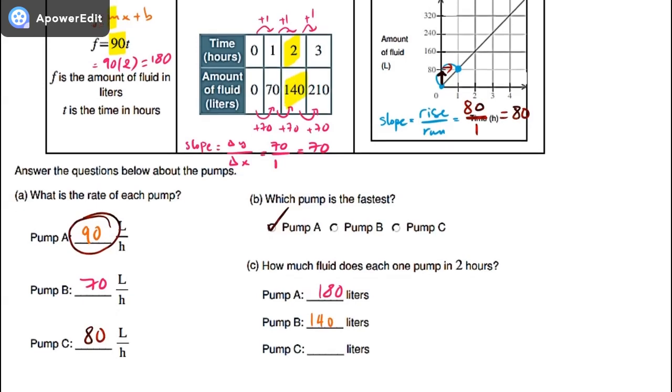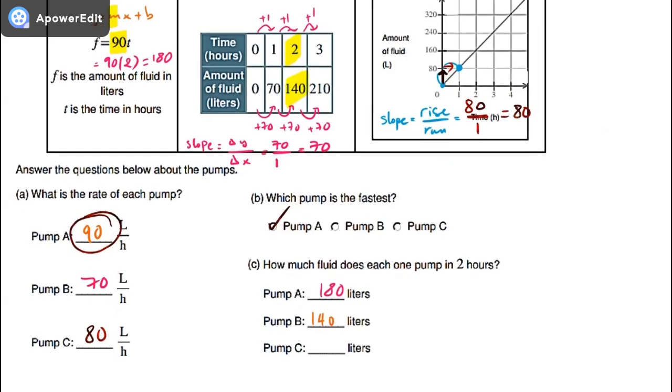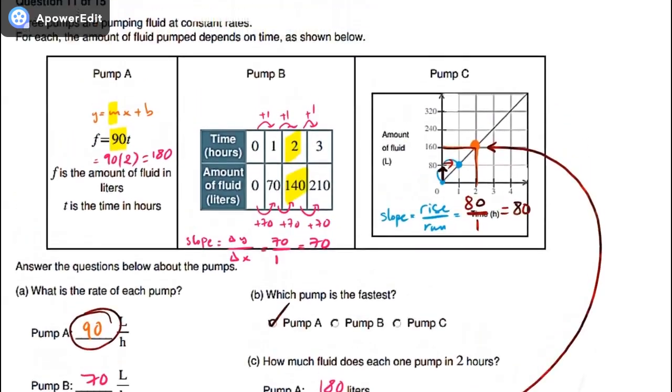Pump C in 2 hours is going to be 160. Again, pump C, by looking at the graph, is 160 liters. Okay, that's it for problem 11.